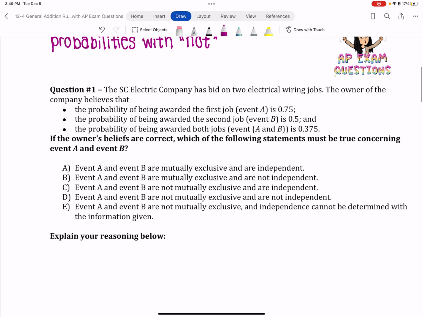Well, first of all, we want to ask ourselves if both events can happen at the same time, to see if they are mutually exclusive or not.